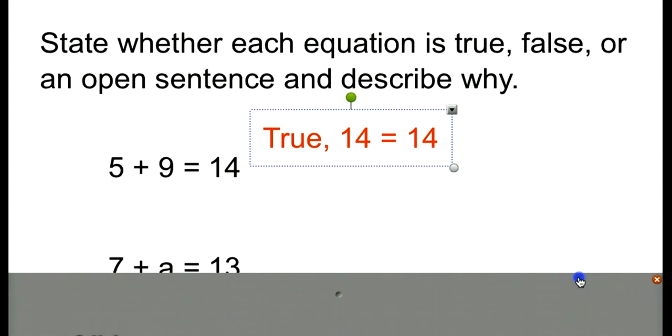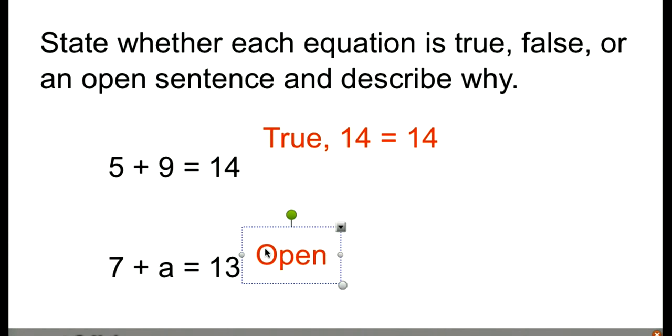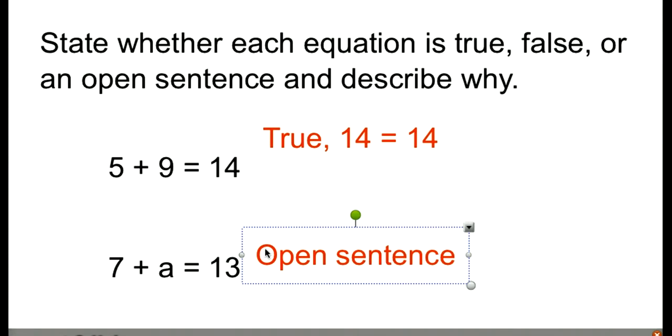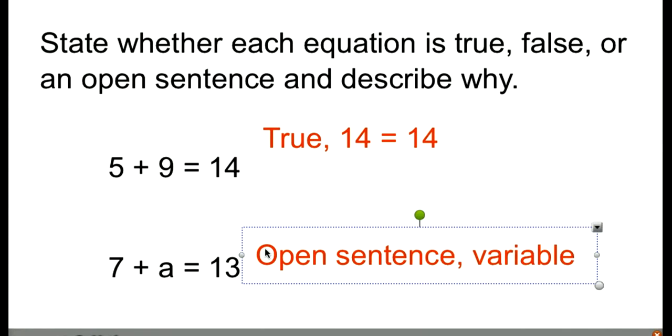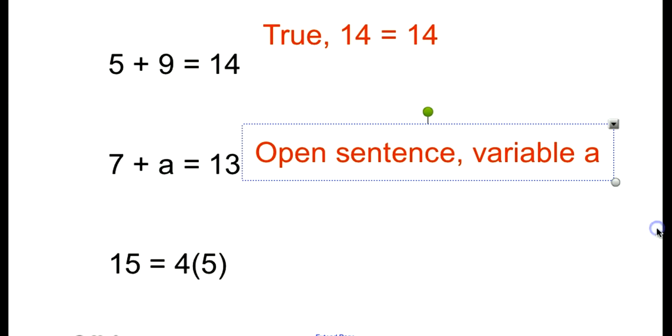The second equation is 7 plus a equals 13. We know that this is an open sentence because of the variable a. There's at least one variable, so that means that it is an open sentence.